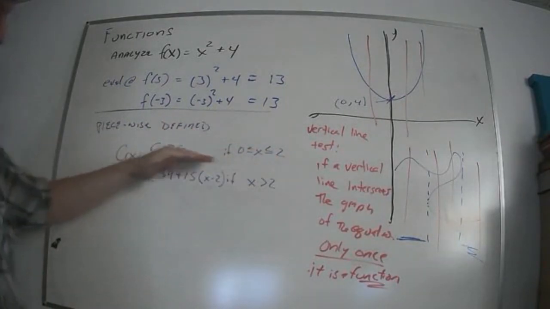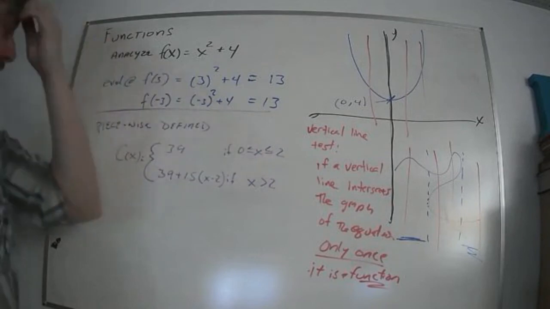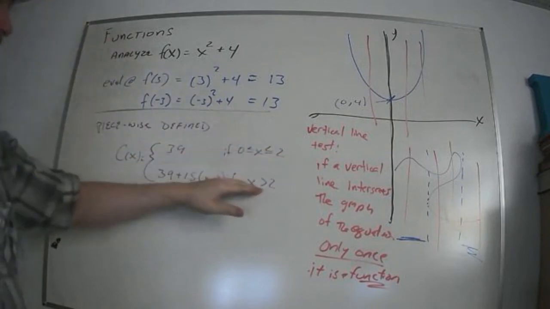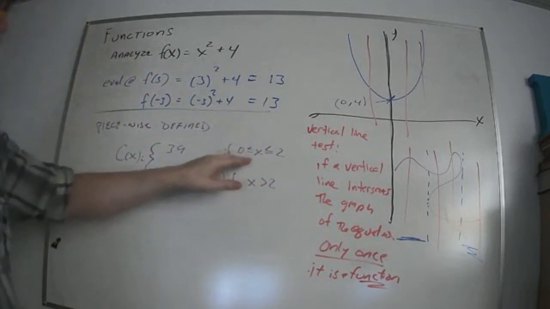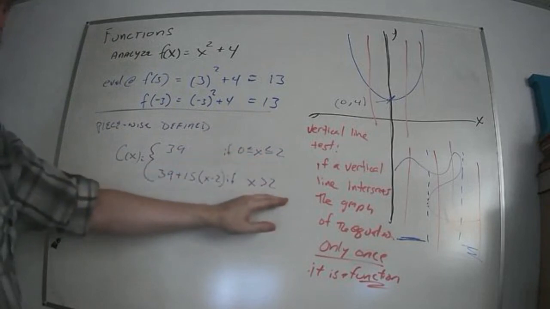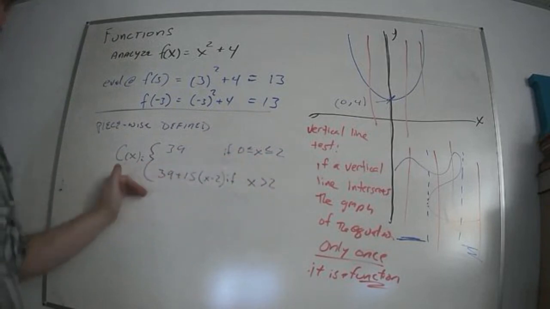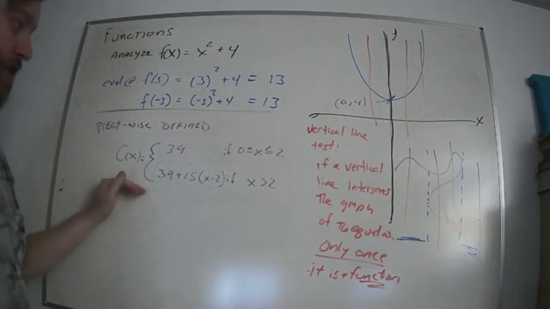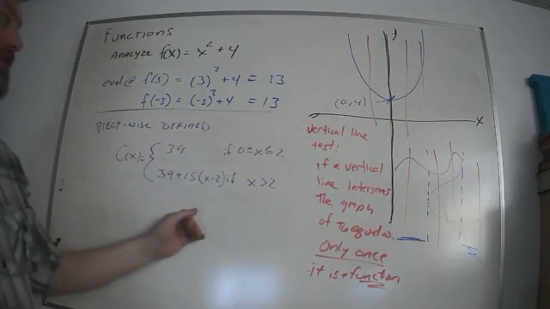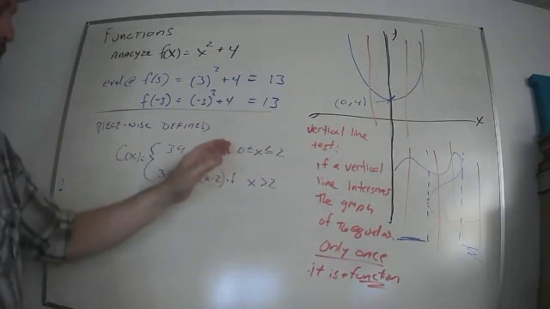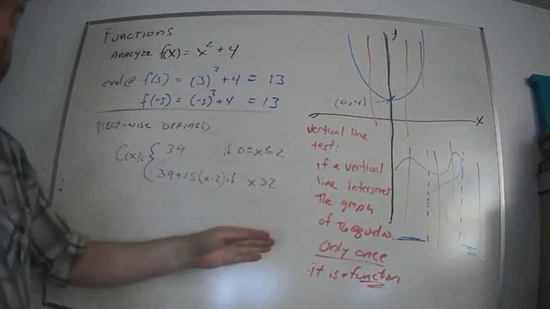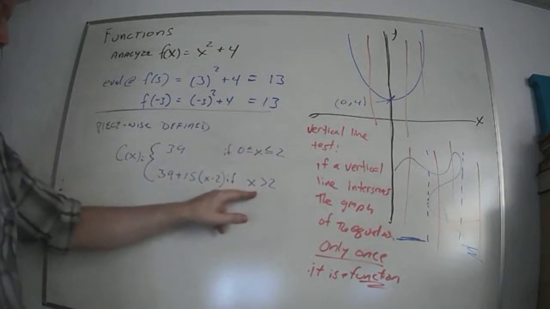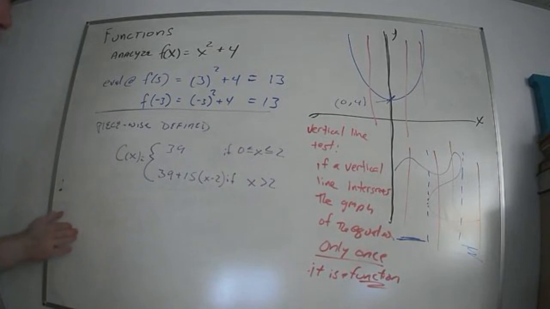It has a value that's different in different values of the domain. So essentially, this function has these two domains. It has domain of x from 0 to 2 and x greater than 2, which means there are no negative values of this function at all. So the range of this function, right, is all positive numbers from 0 to infinity, because that's what we have here. We exclude all negative numbers.